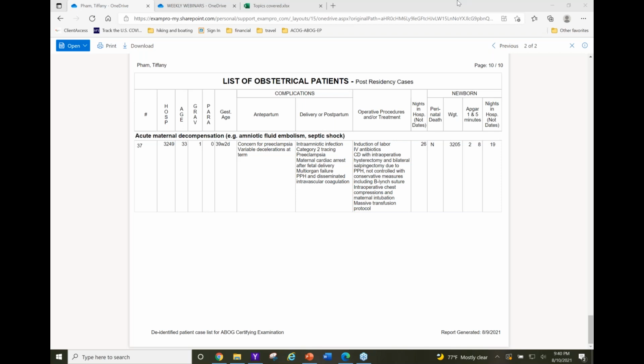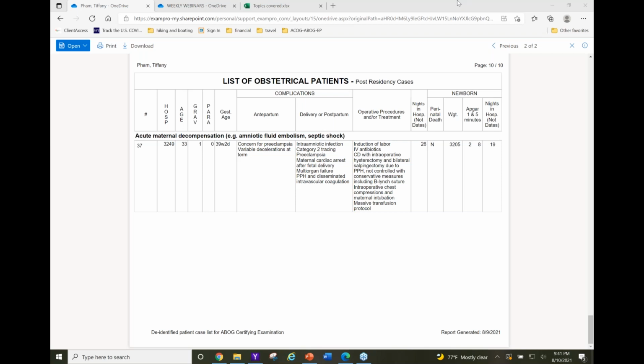Then the indication for the C-section was, I assume, a persistent category 2 tracing, is that correct? Yes. So I would probably add to the treatment column before the CD something like intrauterine resuscitation, because I think you probably did that. Okay. And then on the next line, I would say primary CD, because this looks like what happened here.